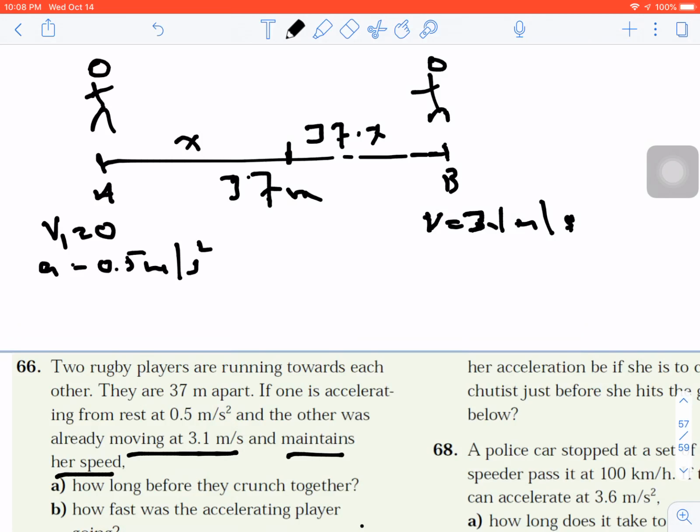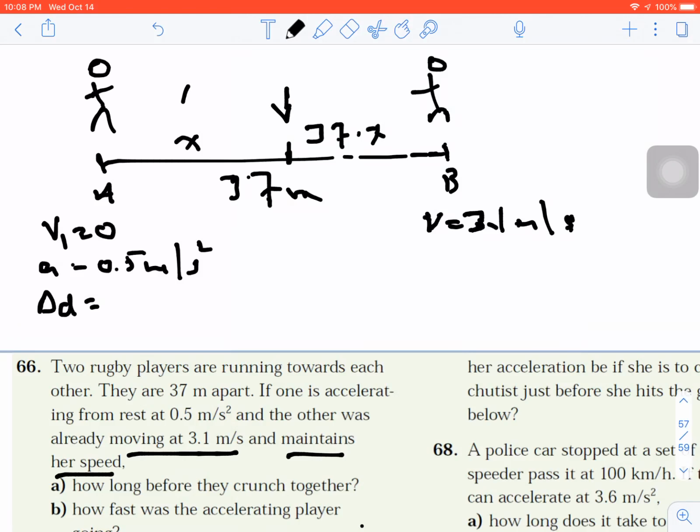Now, I know that when they go crunch, that means they're both in the same place at the same time. In other words, the time that A has been running is the same as the time that B has been running.